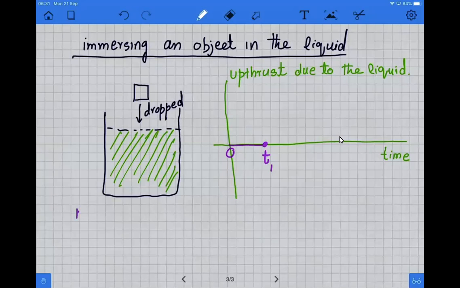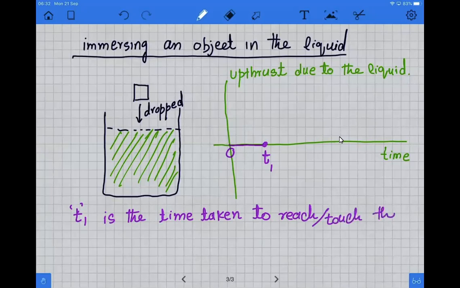So T1 is the time taken to reach or touch the liquid. So the object comes in contact with the liquid at time T1 seconds.